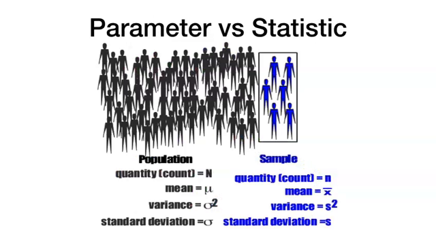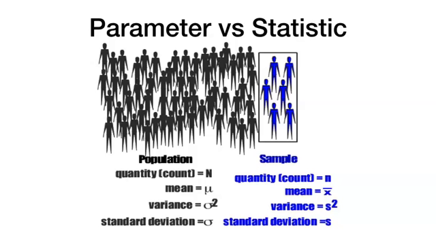Once you know what is sample and what is population, you need to understand another statistical terms related to the population and sample. You need to know what is parameter and what is statistic. Parameter is a numerical characteristic of the population. Usually it is fixed and unknown.